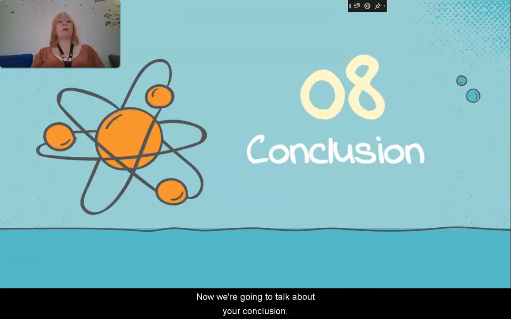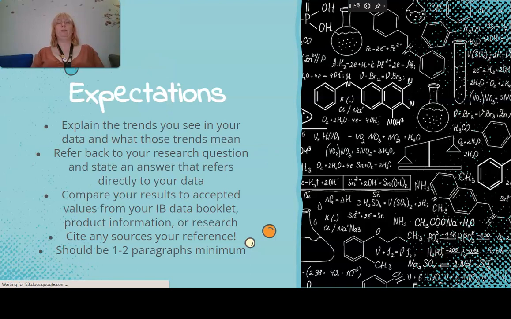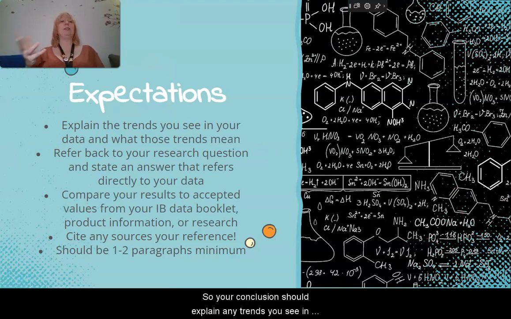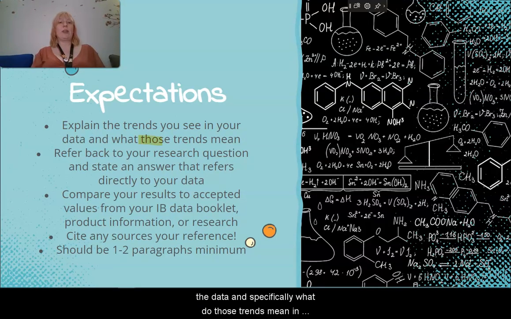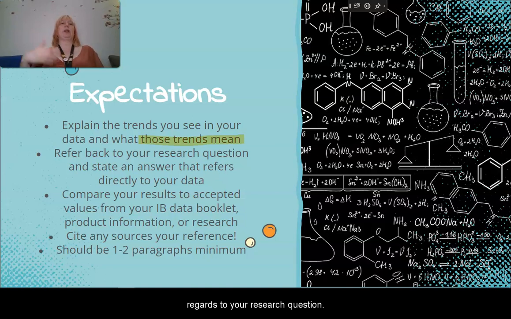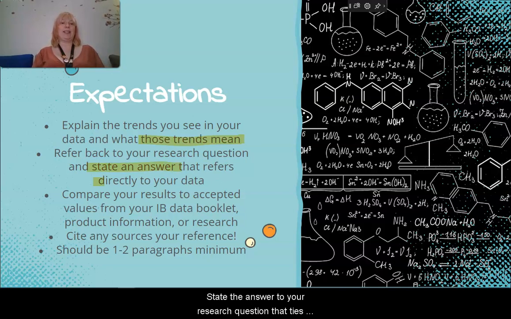Now we're going to talk about your conclusion. So your conclusion should explain any trends you see in the data, and specifically, what do those trends mean in regards to your research question? You should state the answer to your research question that ties directly to your data.